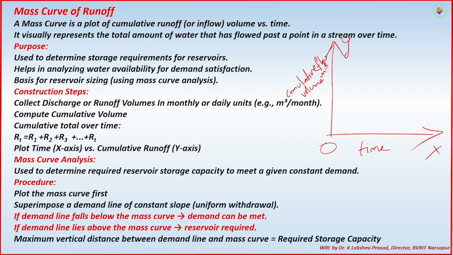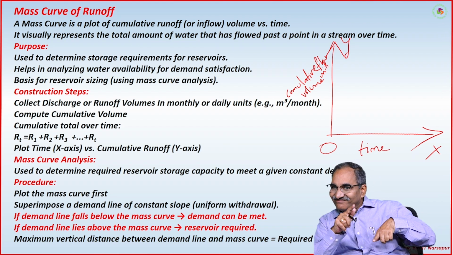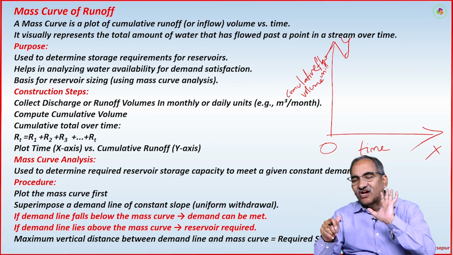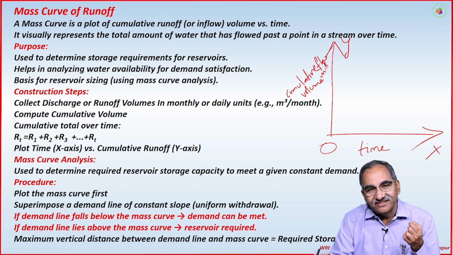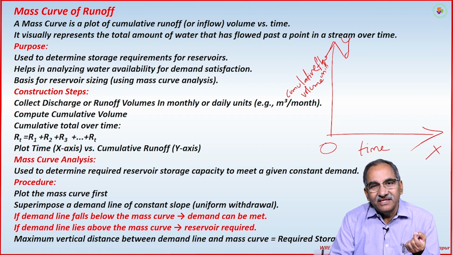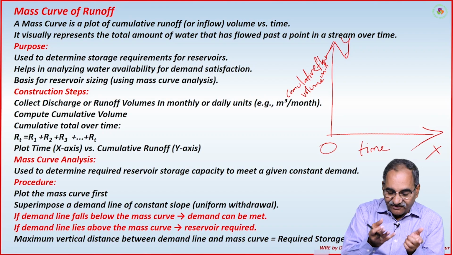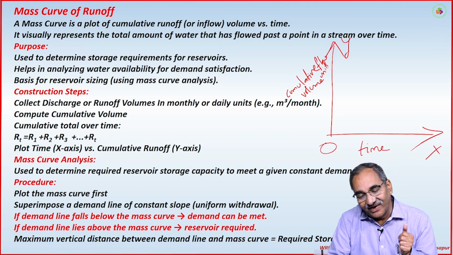So what was the previous one? Probability, percentage of time, is on the x-axis, percentage of time, not time. On the y-axis in the flow duration curve, it is discharge in meter cube per second. Here it is not that. On the x-axis, time, maybe months like January, February, March, April, or years like 2000, 2001, 2002, 2003. You can take these on the x-axis.